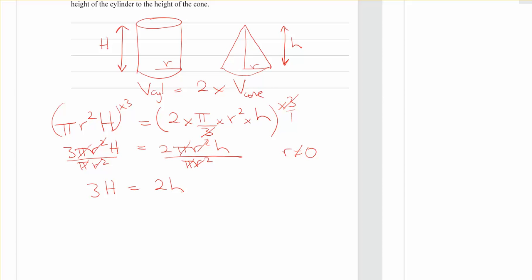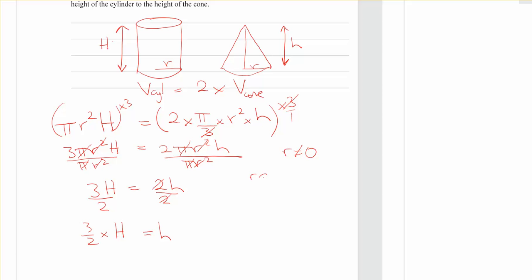So 3 times the height of the large cylinder is the same as twice the height of the cone. Or if we divide both sides, it doesn't matter which way around, by 2, I can see that the height of the cone is 3 over 2 times the height of the cylinder, or 1.5 times.